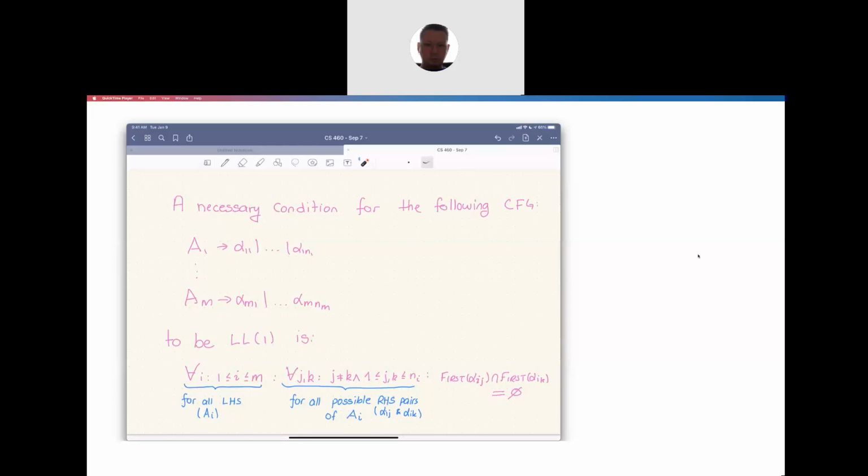So, is it possible, if I have a grammar that satisfies this, that it is not LL(1)?